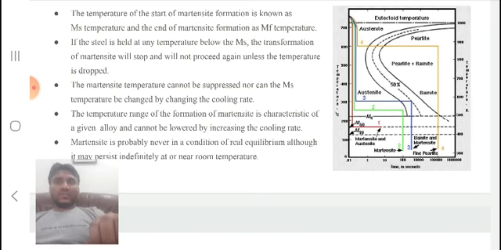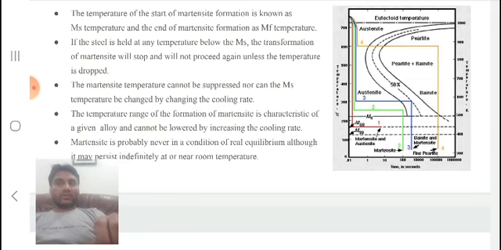The RC value of pearlite is around 15 to 20, sorbite is around 25, troostite is 30, bainite is around 50, and martensite is around 60. As hardness increases, strength also increases because of these microstructures.